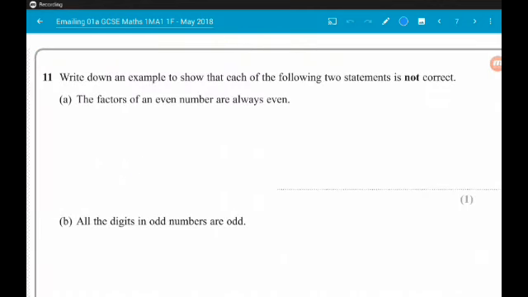Okay, question 11, we want to write down examples for each of these statements to show that they are not correct. So statement A, the factors of an even number are always even. Can we think of any of those that are not true? The simplest, I guess, would be 1 is a factor of 2. 1 is odd, so it's not true.